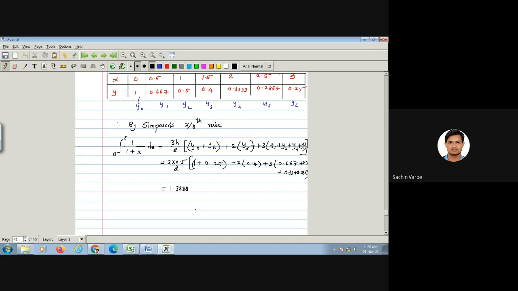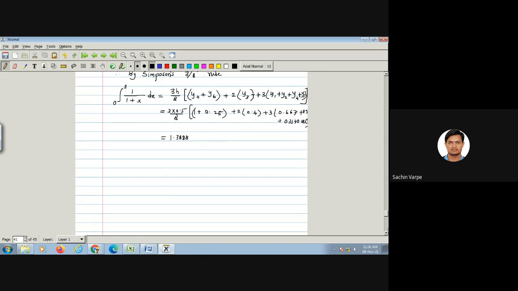And with the help of this integration, we have been asked to estimate the value of log 2. So by actual integration, the integration of 1 upon 1 plus x dx from 0 to 3 is log of 1 plus x from 0 to 3. That is log of 4 plus log of 1. Log 1 is 0.